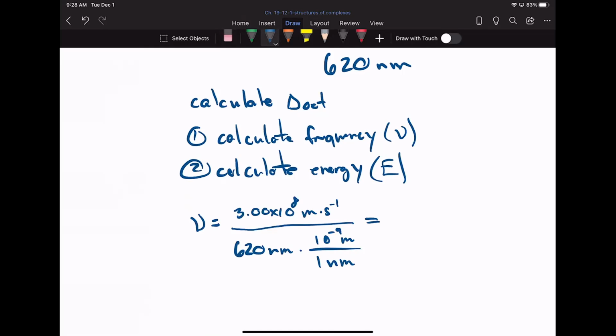So can somebody calculate this out? I didn't do the calculation. Cancel our units, so meters canceled, and I am left with per second, which is hertz. Got my frequency. Should be a relatively large number.